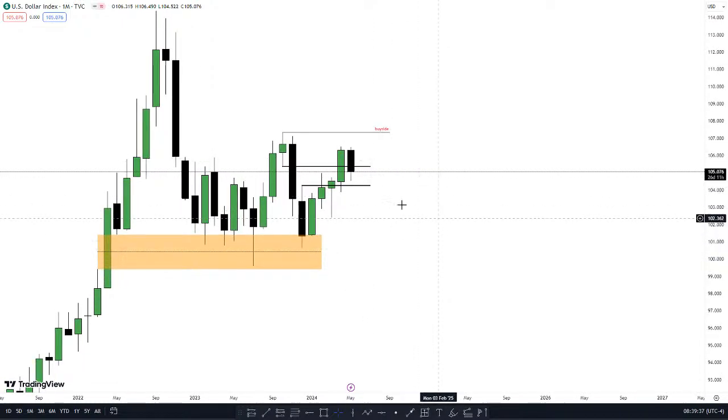We will want to see this buy side liquidity taken out. So I'm bullish on the dollar, so I'm going to be bearish on most currencies. I'm going to also be reacting on indices, depending on the liquidity on the chart.